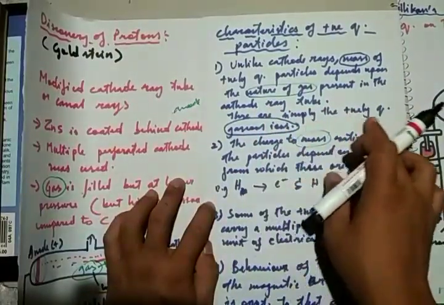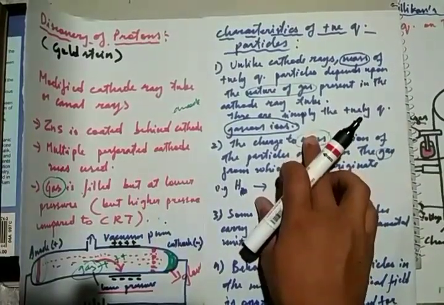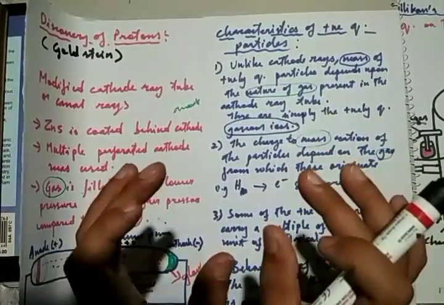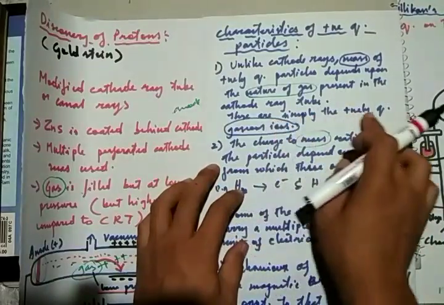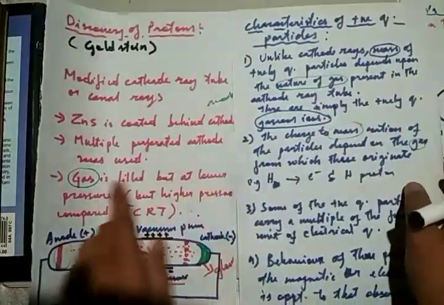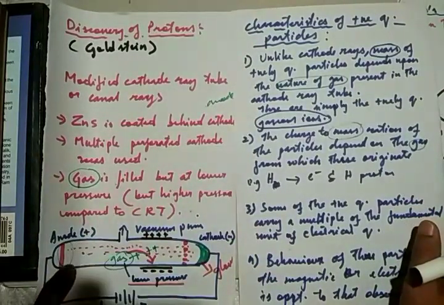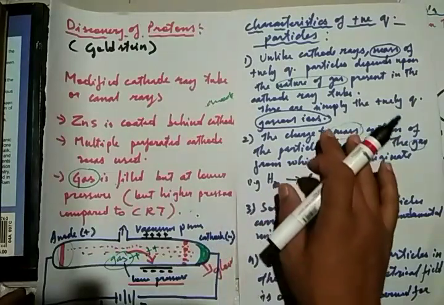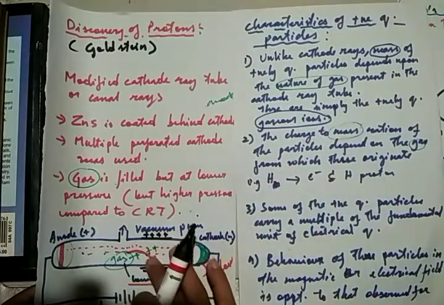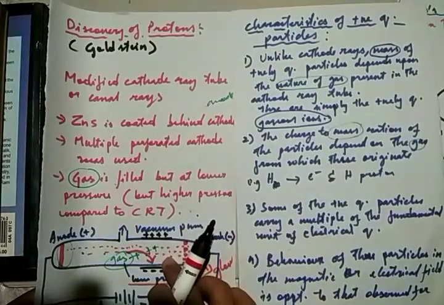These are simply positively charged gaseous ions. We have discussed earlier that in the absence of gas, this cannot be carried out. This means that these particles are produced from the gas present in the tube.